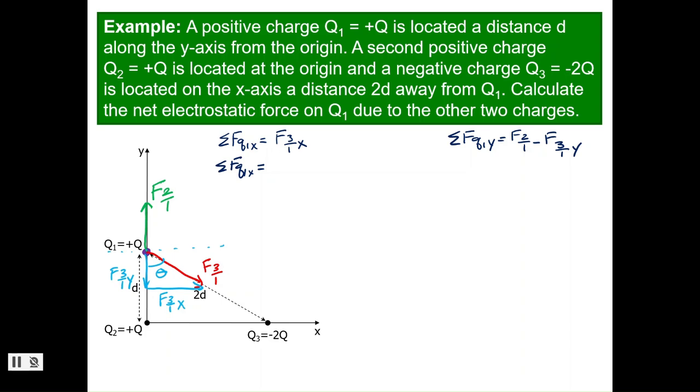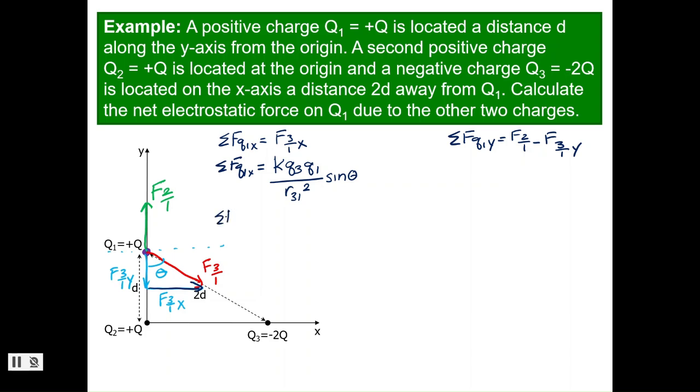So once again, I use these subscripts to keep my charges the same. So I'm going to do K, and then that's Q3, Q1 over R31 squared. And the X component is the opposite side here. So I'm going to tack on a sine theta.